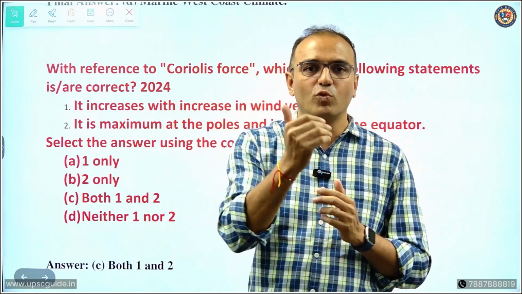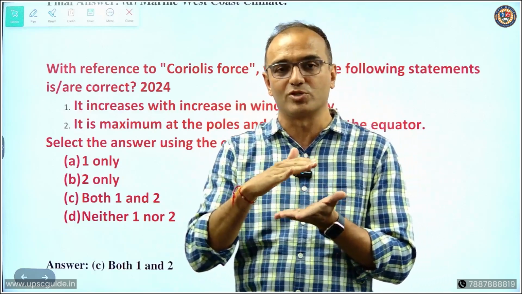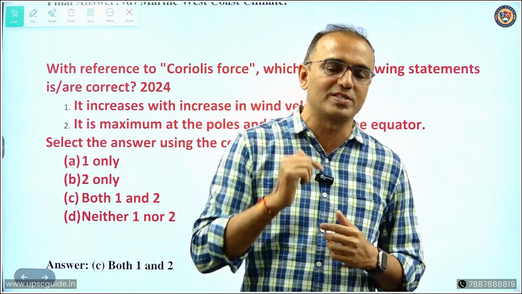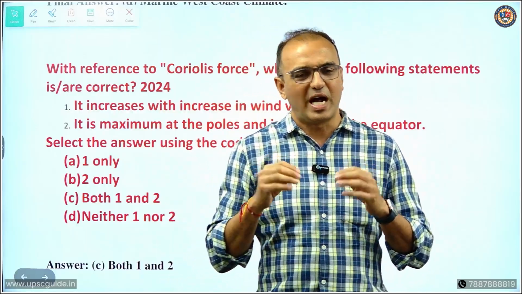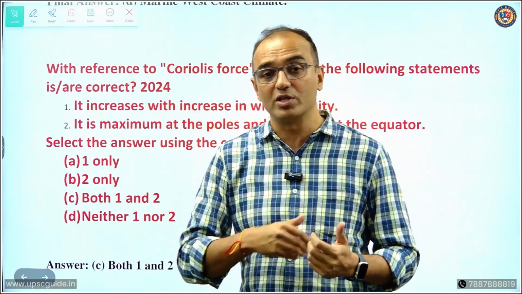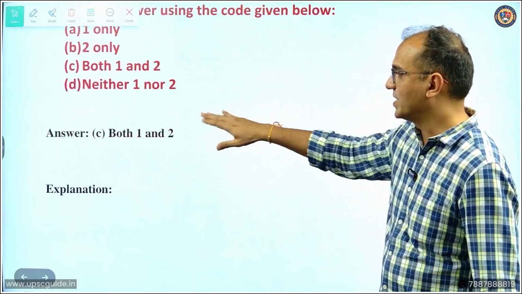But as you move towards the poles, the curvature of the earth is geoid in shape. It is pressed at the poles. So the curvature of the earth becomes steeper as you go towards the pole. So the Coriolis impact is higher. And if there is more velocity, the impact of Coriolis on the wind deflection is high, or deviation is high. So the answer is C, both 1 and 2.